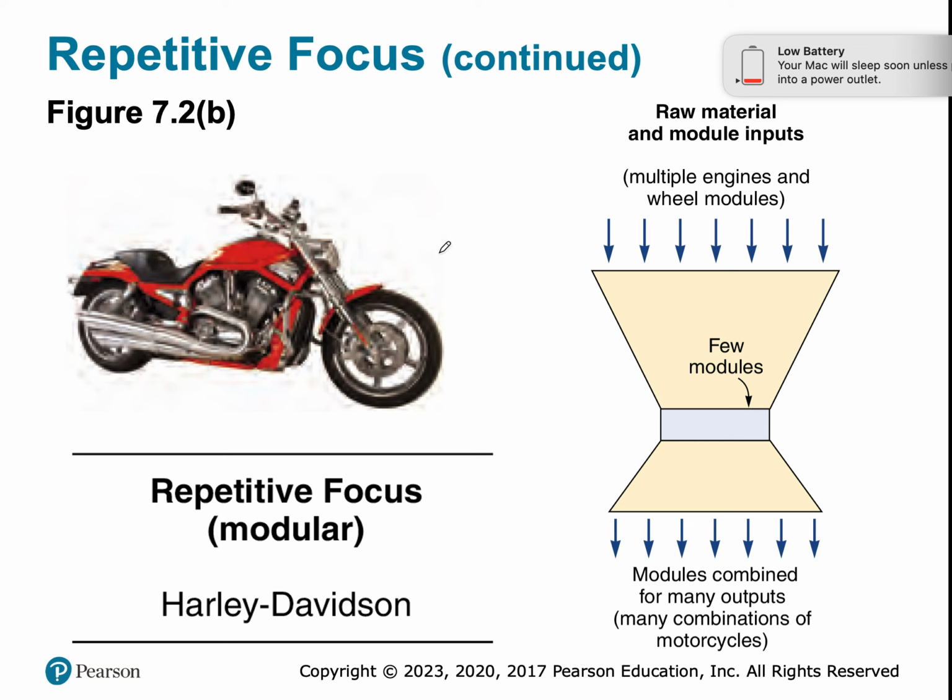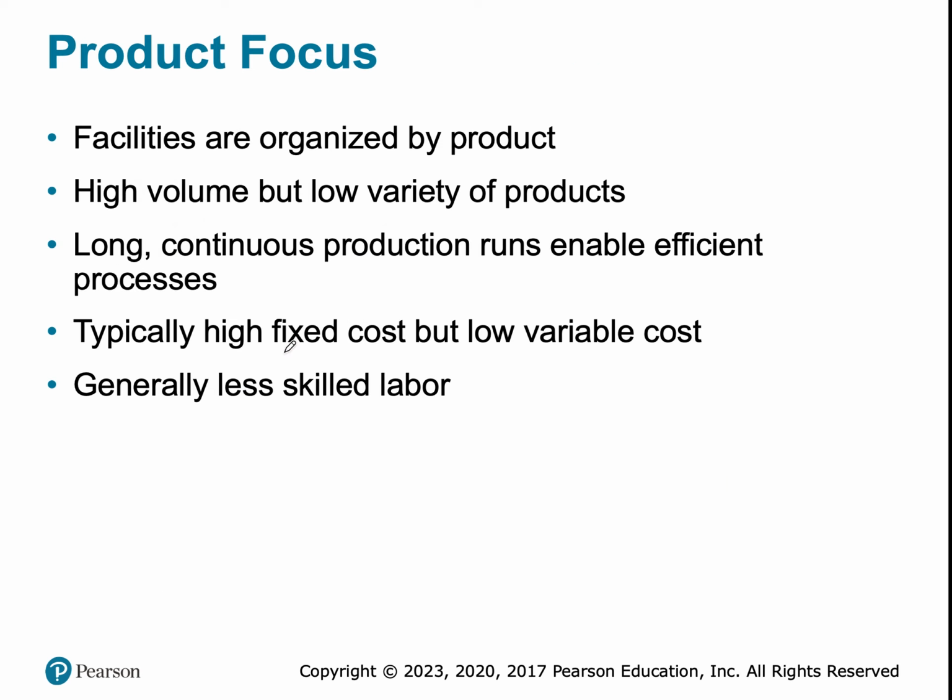Some modules were making the wheel, some were integrating the tires and the tubes, some were making the handle, the shaft. So these many modules are put together at the end of the day to produce one integrated modular product that's desirable. Okay, so this is for repetitive focus.